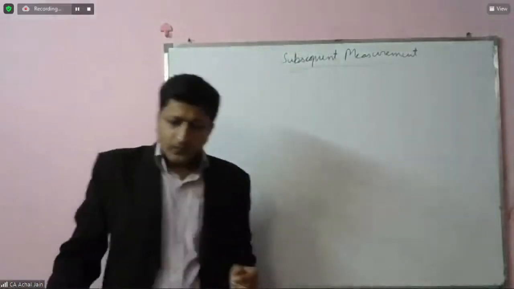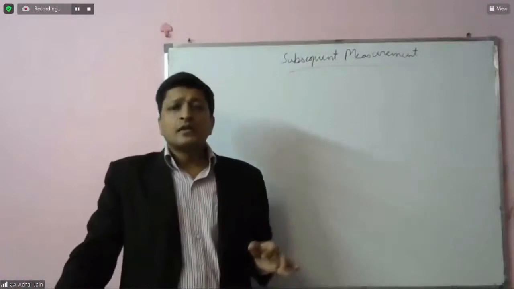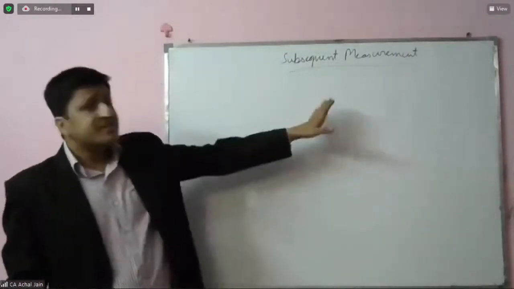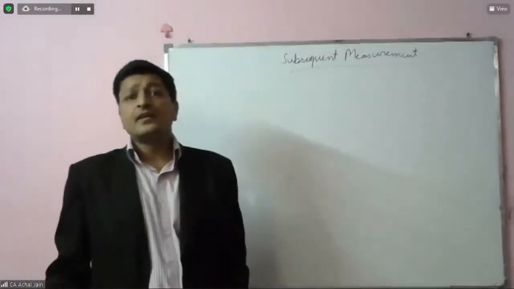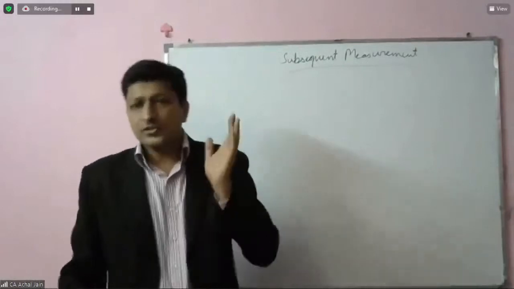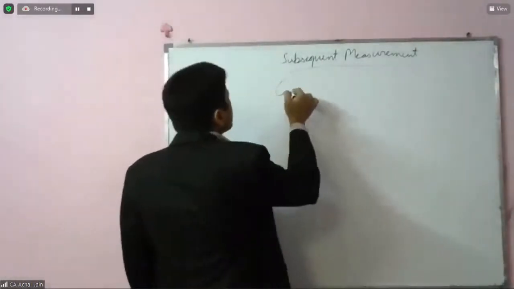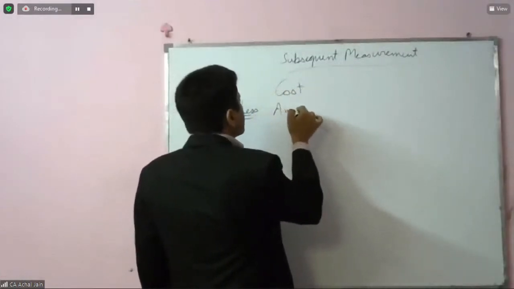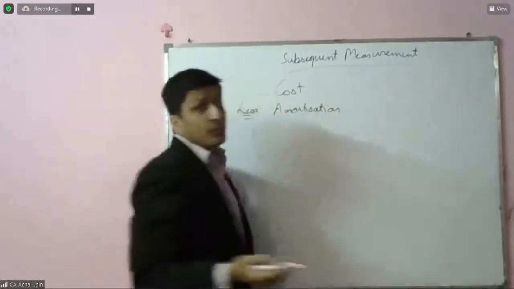Before I start on the subsequent measurement, you can just note it down that this is exactly similar to what you would see in case of PPE in terms of amortization. Subsequent measurement means cost less amortization, or you can say accumulated amortization.